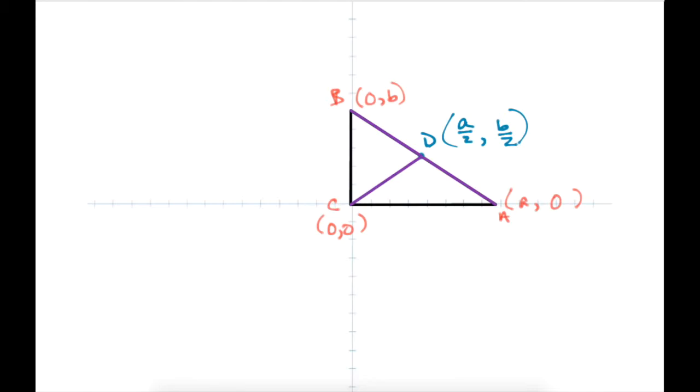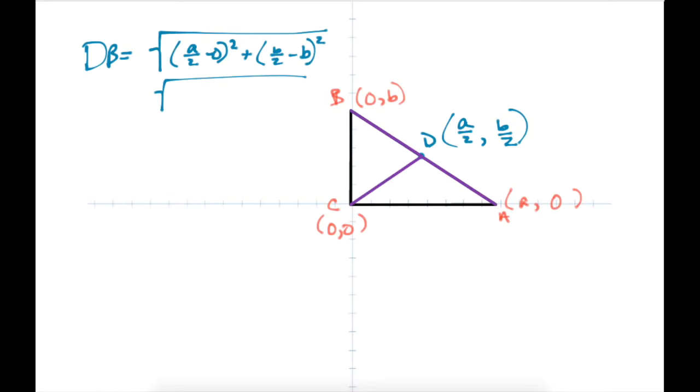Now I'll do one of them just because I want to show you this. If we're plugging it into our distance formula, let's use DB. We don't have to go too far in simplification here. We take the difference of our x's and square it, A over 2 minus 0 squared, and the difference of our y's, B over 2 minus B squared. We get A over 2 squared.